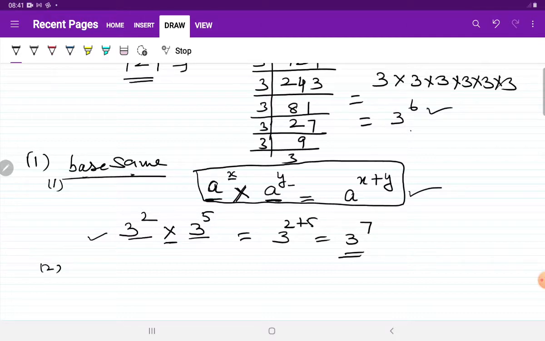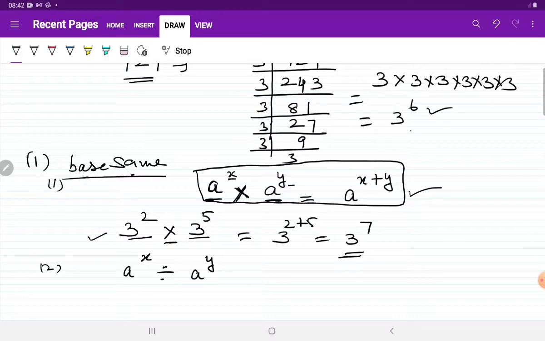Now the second part: my base is the same again, but the only difference is the sign. Here I was multiplying; in this second case, the numbers are divided. Two numbers with the same base, a raised to power x divided by a raised to power y.